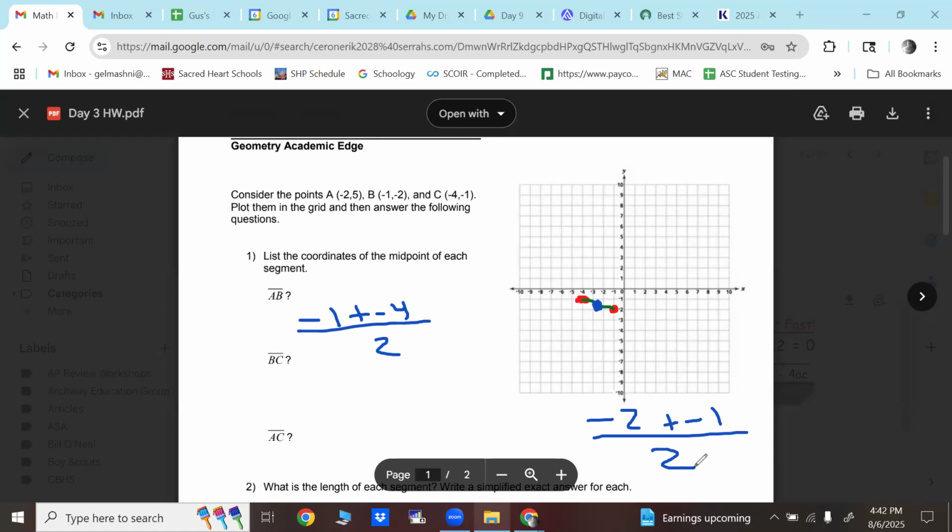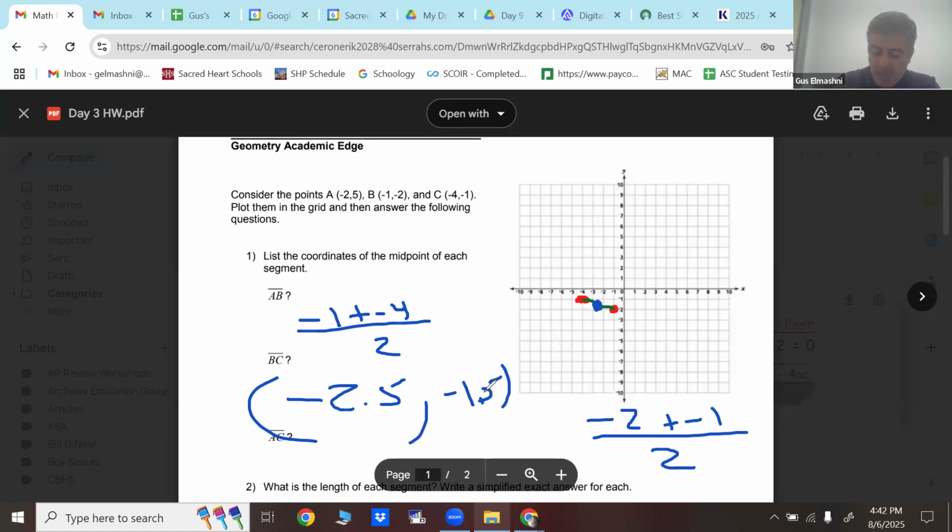Is it negative 2.5? And the other one? Negative 1.5? Yeah, that's it. I did not get this right at all. But now you are, that's okay. You're learning it. That's all that matters.